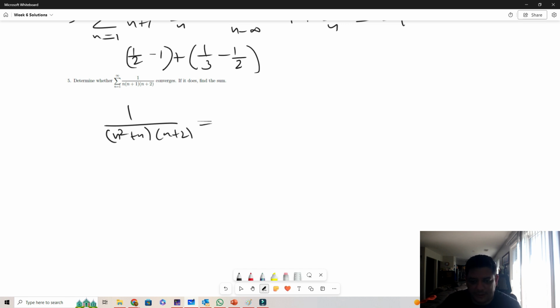I find it difficult to find the sum, probably, but this is going to be 1 over n cubed plus n squared plus 2n. So n cubed plus 2n n squared.